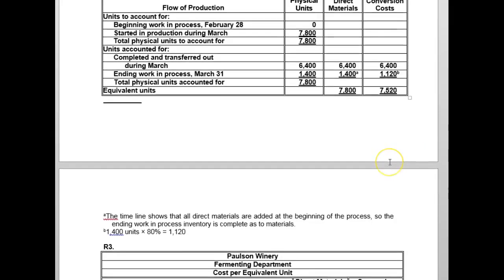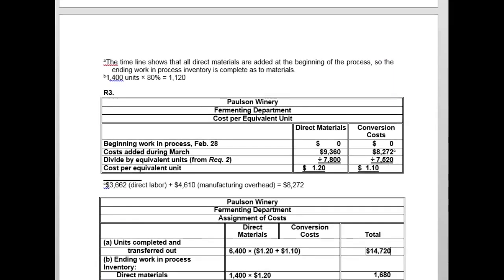I take those two numbers and I come down and I do the cost per equivalent unit. I started with nothing on both sides. I added cost during March of 93.60, and this is a given, and 82.72. If you look at the problem and you add direct labor and manufacturing overhead, you come up with 82.72.